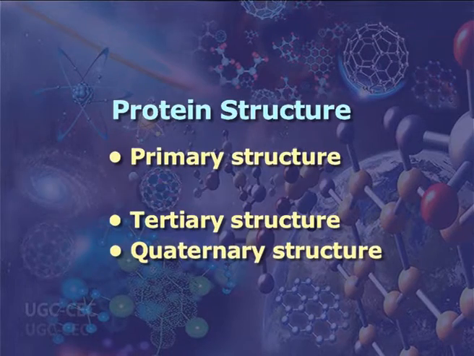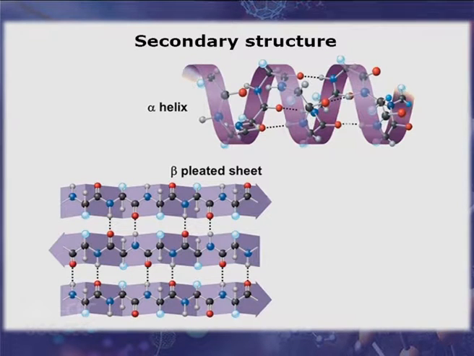Secondary structure. It is regularly repeating local structures stabilized by hydrogen bonds. The most common examples are the alpha helix and beta sheet. Because secondary structures are local, many regions of different secondary structure can be present in the same protein molecule.